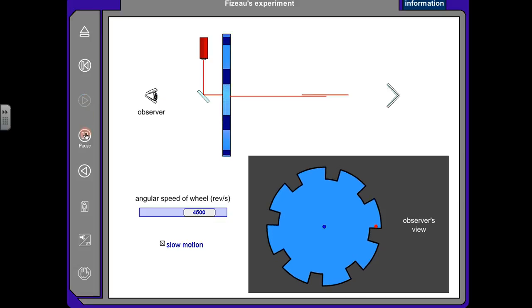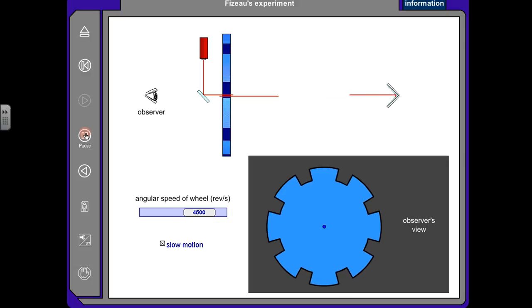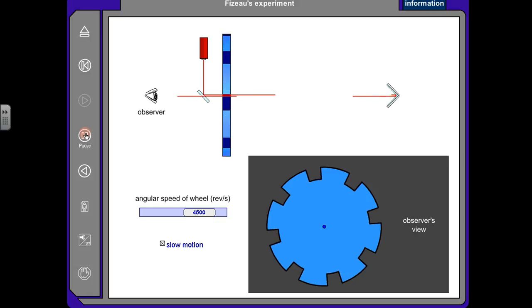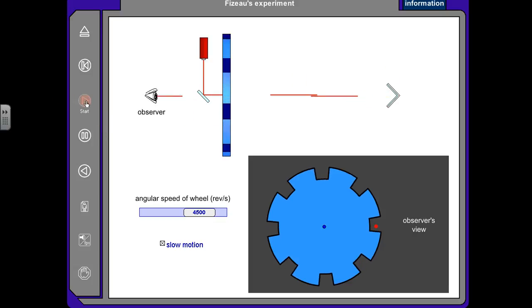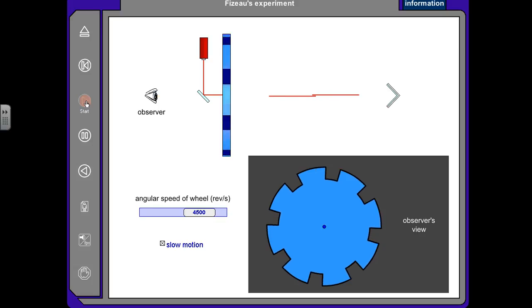Let it hit the mirror and come back before we pause it. Okay, so the ray is made, and that's the length we're measuring with our ruler. Seems weird to measure it with a ruler, but that's the only choice you have.